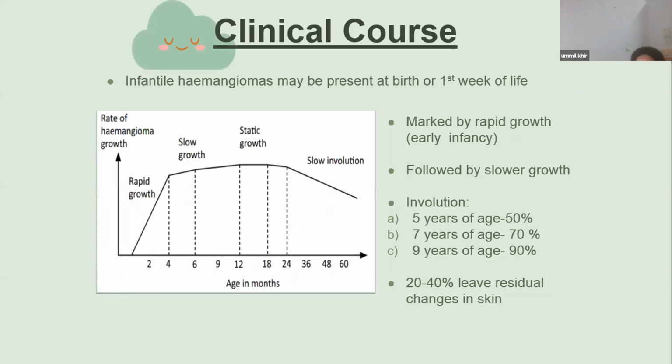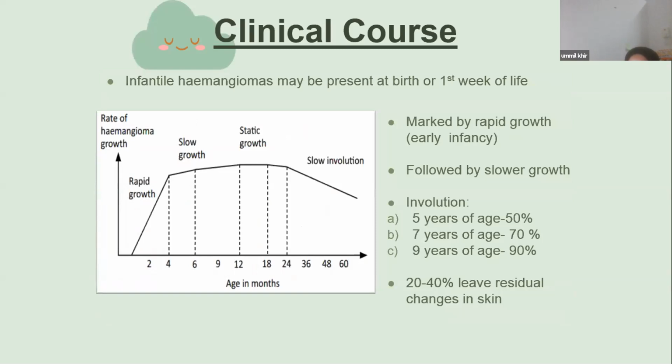For the clinical course, hemangioma may be present at birth or in the first week of life. The clinical course is marked by rapid growth during early infancy, then followed by slower growth, then gradual involution. By 5 years of age, 50% of hemangiomas involute, 70% by age 7, and 90% by age 9.